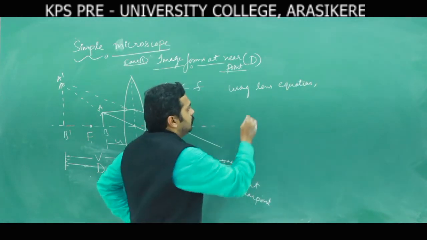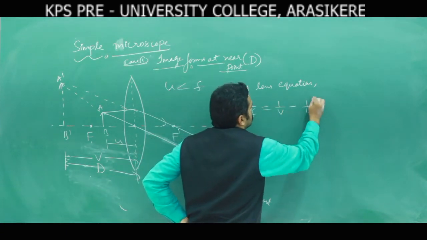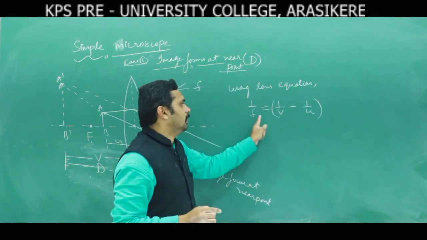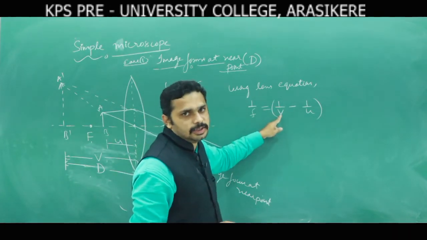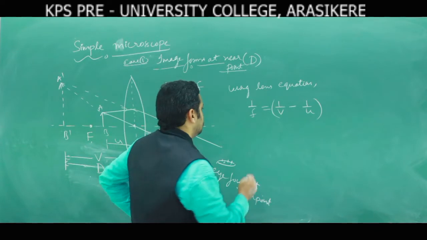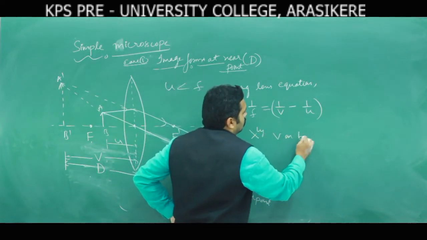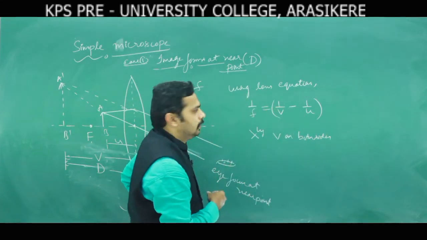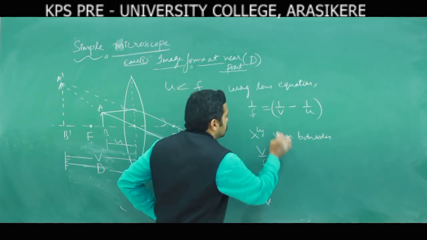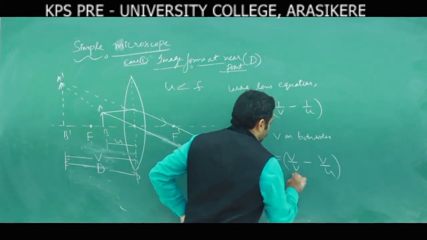What is the lens equation? 1 by f is equal to 1 by v minus 1 by u. What is v? Image distance. What is u? Object distance. Here multiply v on both sides. V by f is equal to v by v minus v by u.